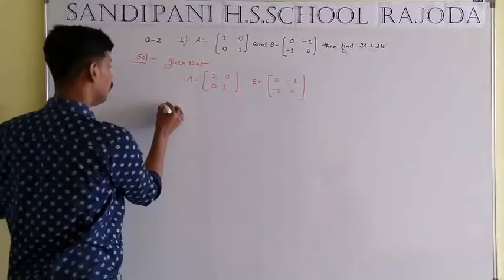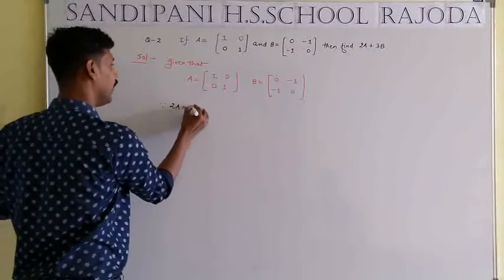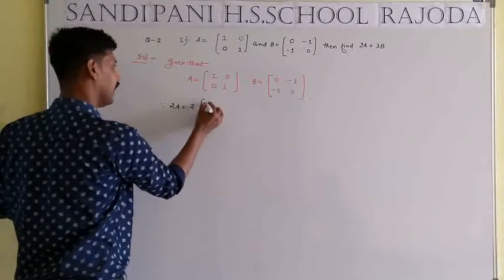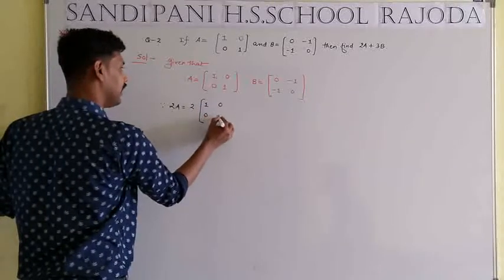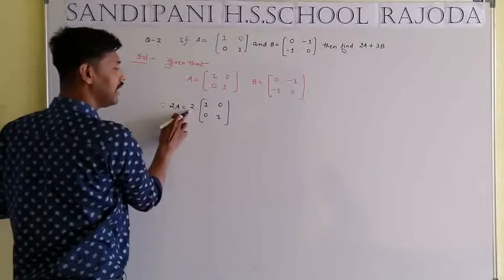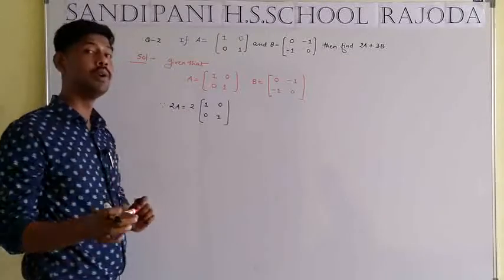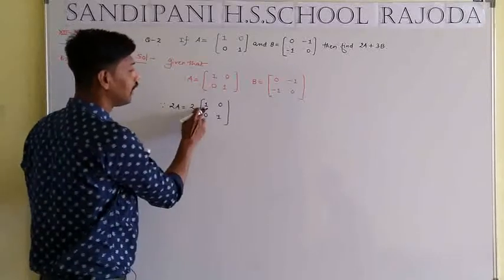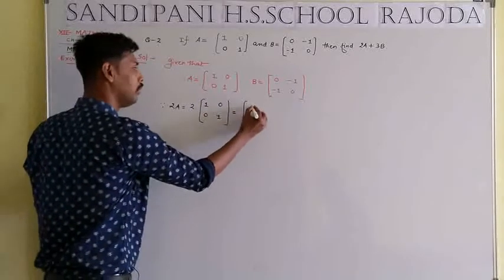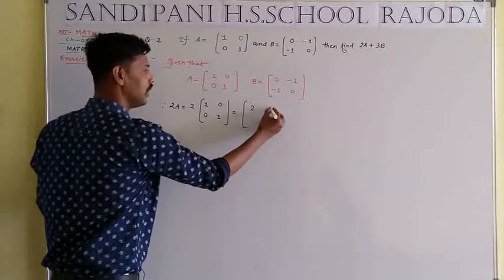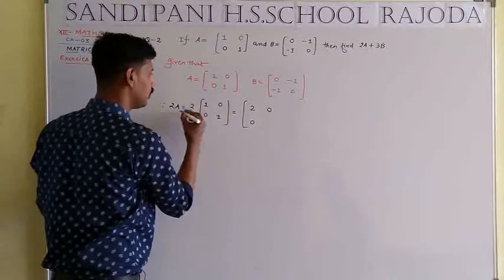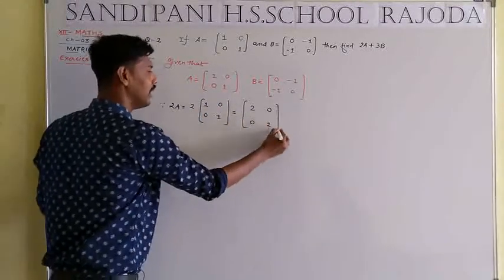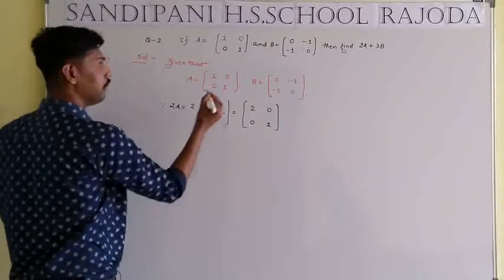So we take 2A, 2 into A. Multiplication operation: multiply 2 by each and every element of the matrix. 2 multiplied by 1 will be equal to 2. 2 into 0 equal to 0. 2 into 0 equal to 0. 2 into 1 equal to 2. Very good. Now time for 3B.